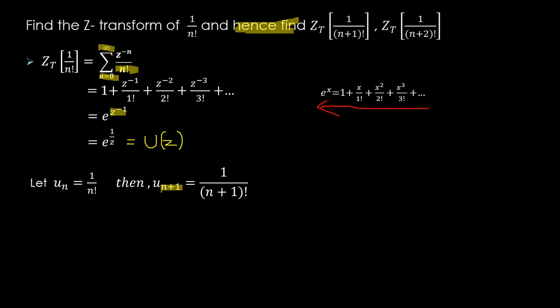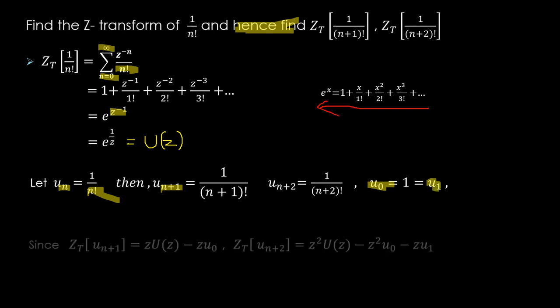And u(n plus 2) is 1 by (n plus 2) factorial. Now the u0 and u1 values: for n equal to 0, 1 by 0 factorial, and 0 factorial is 1, so u0 is 1. For n equal to 1, 1 by 1 factorial, so your u1 value is 1.